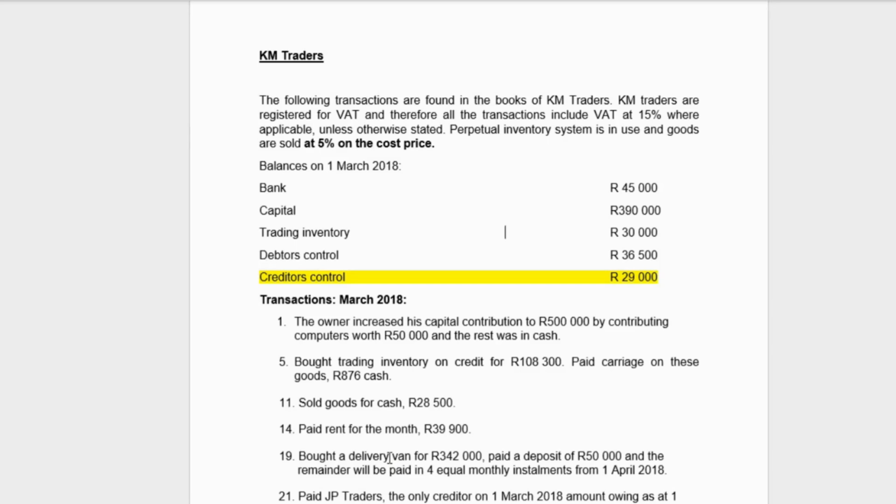So transaction number 1, they say the owner increased his capital contribution to 500,000, by contributing computers worth 50,000 and the rest was in cash. So if you check right there, we had a capital of 390,000. So it was increased from 390,000 to 500,000.